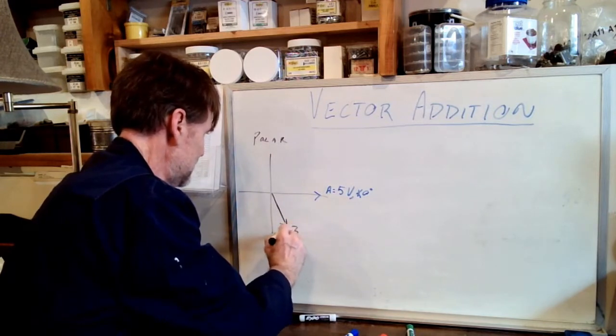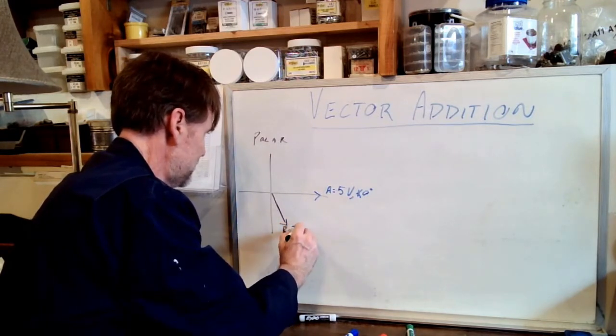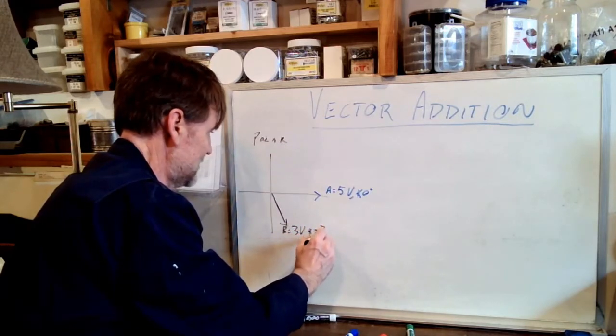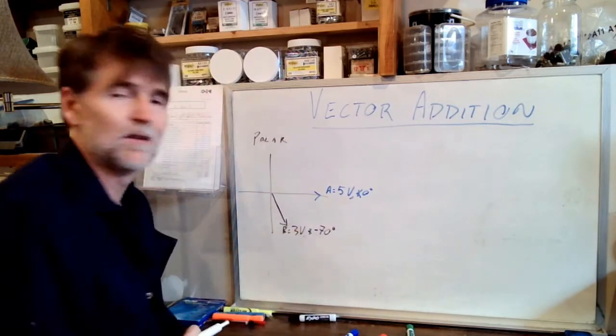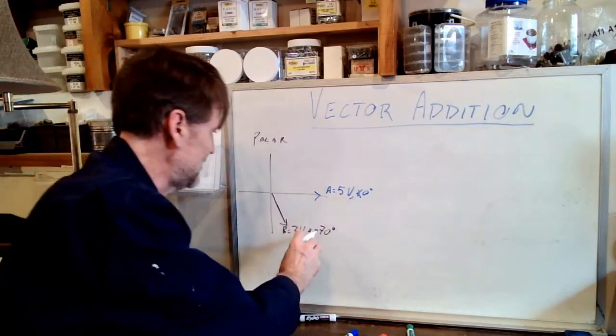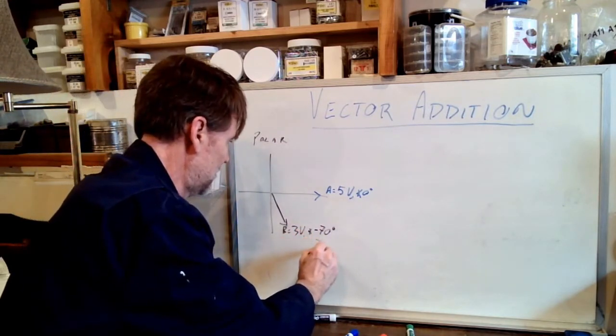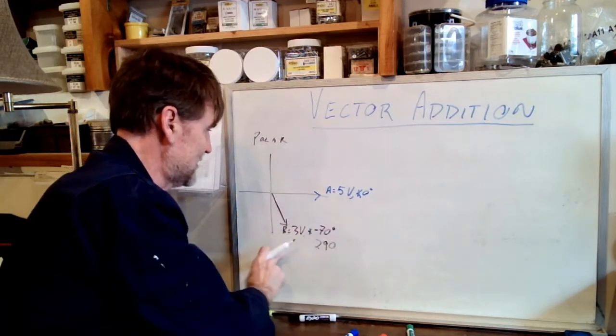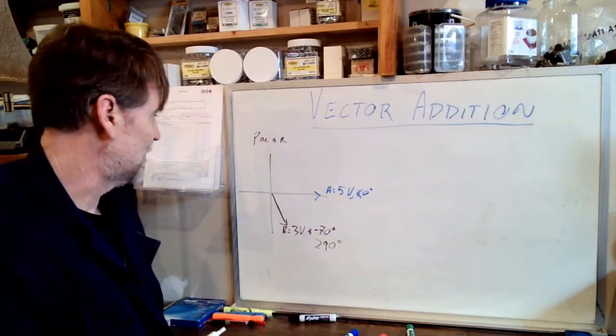And B equals 3 volts at an angle of, I'm going to say, minus 70 degrees. Minus 70 is also 290, right? So 360 minus 70 degrees would be 290 degrees.